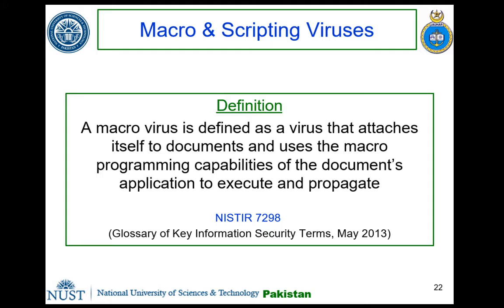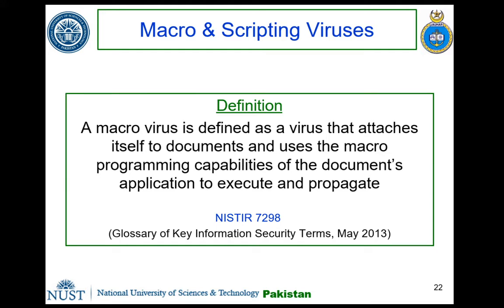Now, we will go through this important form of viruses, the macro and the scripting viruses. The definition of macroviruses is as flashed. A macrovirus is defined as a virus that attaches itself to documents and uses the macro programming capabilities of the document's application to execute and propagate.